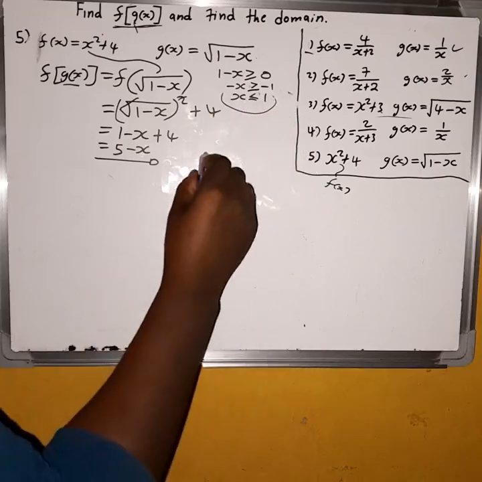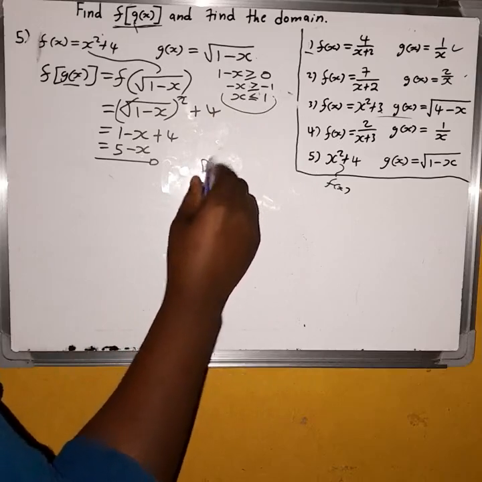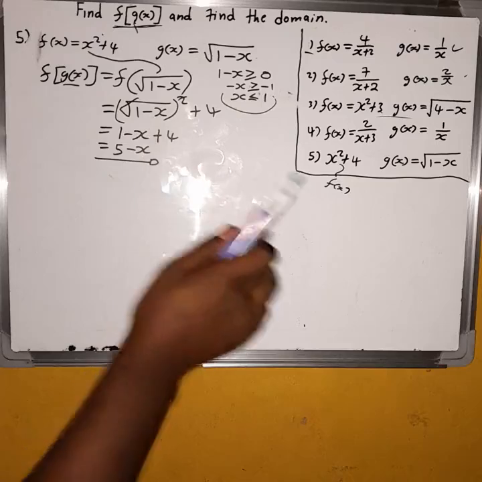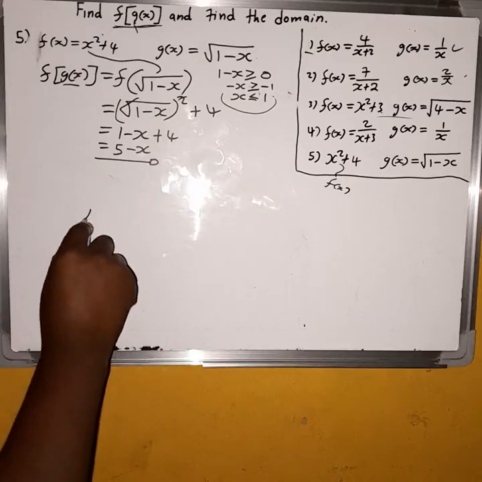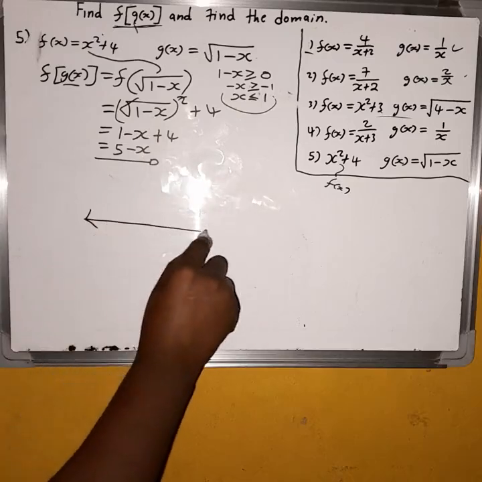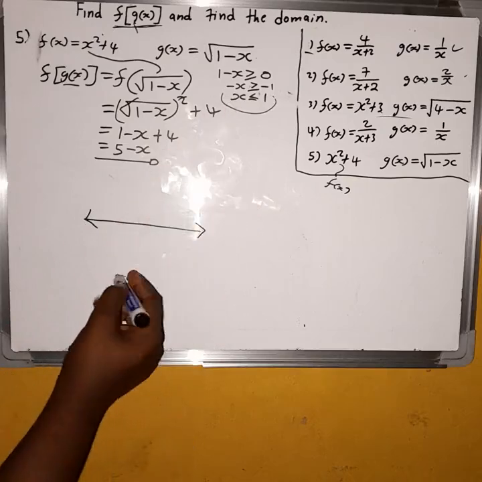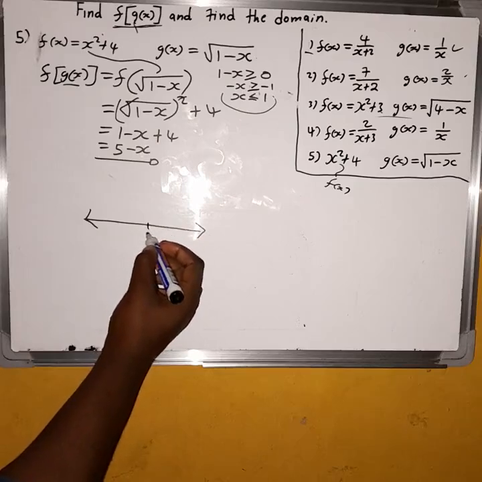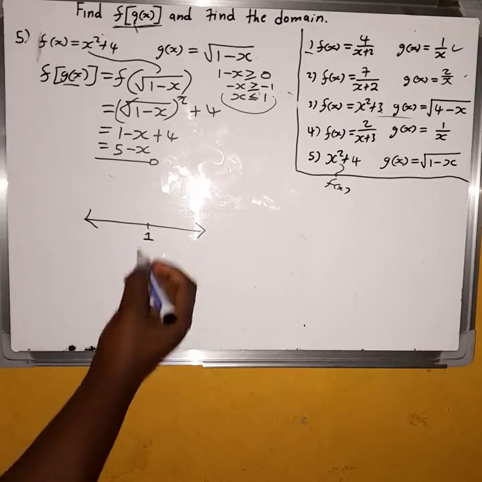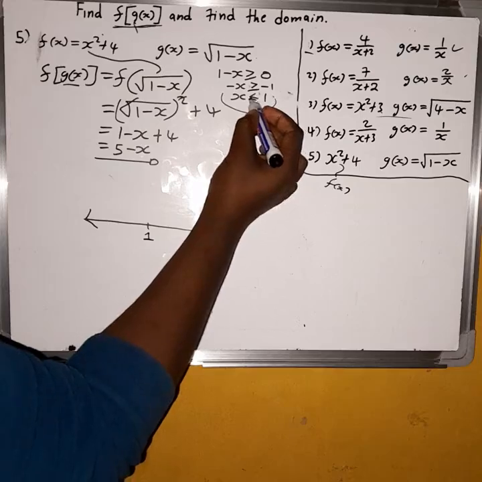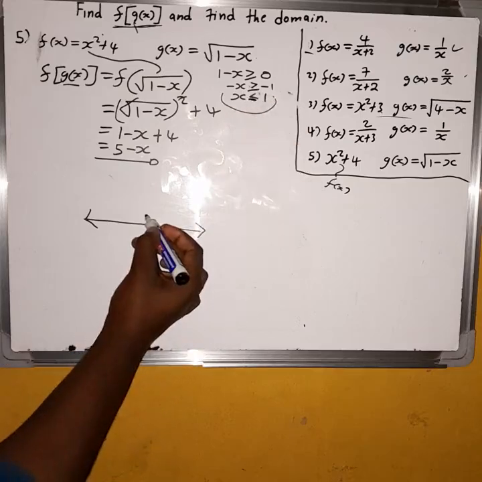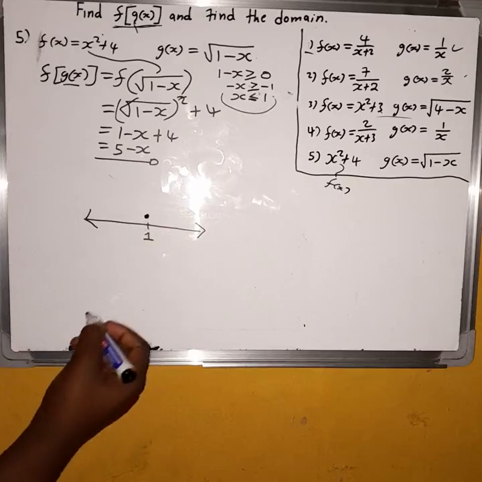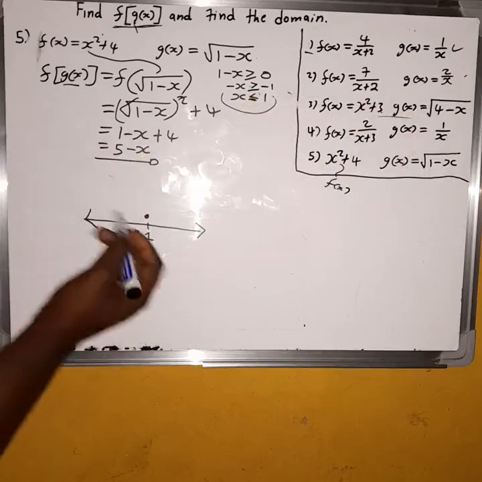That means our domain here, if you like, we can also use the number line again, but this one is the simple one. We have here, let's say, 1. It is equal here, so I'll use a shaded dot, it's included here, but x must be less than.